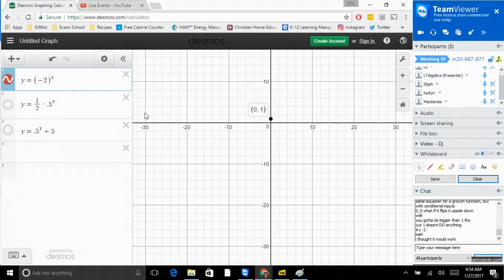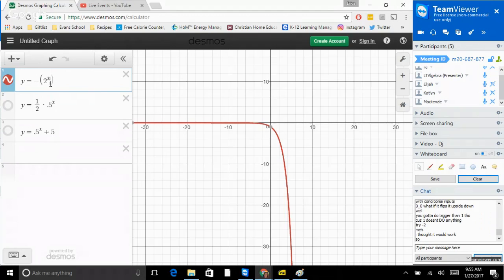So you can play around with it. That's why I like Desmos, because I think it's more intuitive if you play with it and say, oh, what happens? You can make your graph flip over. So what if, instead of the negative inside there, we did -2x? So this is different, right?